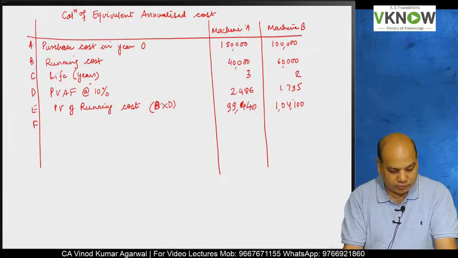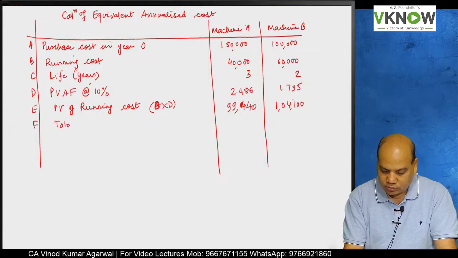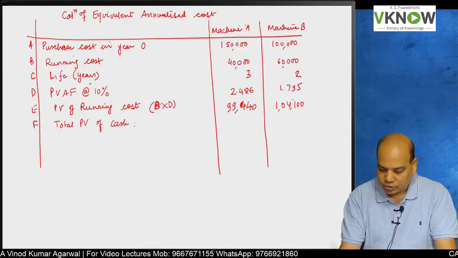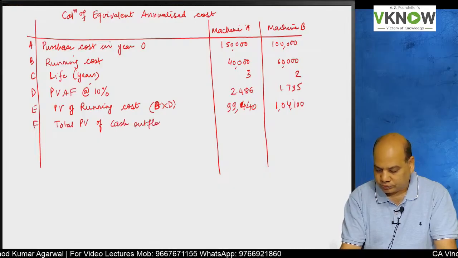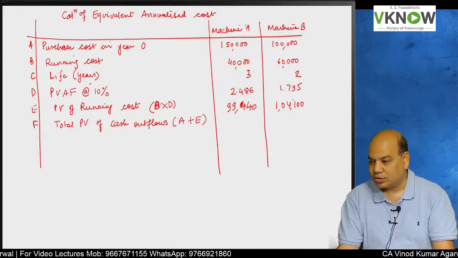Point number F, write down total PV of cash outflows. A is purchase cost, E is present value of running cost.